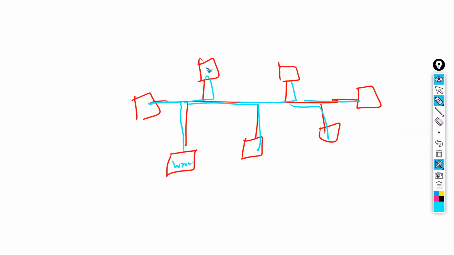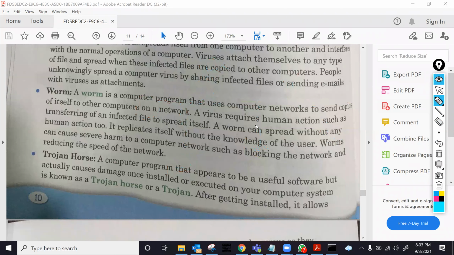Now this also infects. Worms are computer programs that use the computer network to spread copies of themselves to other computers. That's what I said. A virus requires human action, such as transferring an infected file, to spread itself.